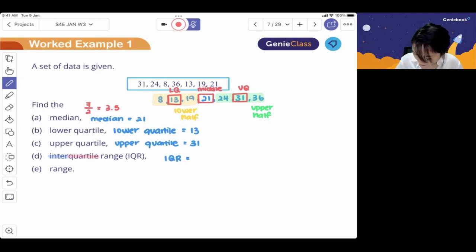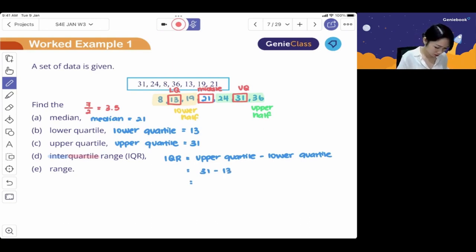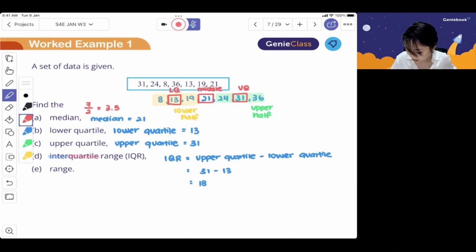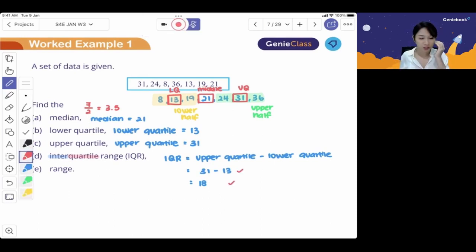We take our upper quartile minus our lower quartile, and that will give us 31 minus 13, which will be 18. Just in case any of you are wondering, this line is not compulsory, but you do have to show the workings from here and here. So you can just put interquartile IQR equals 31 minus 13 and then your answer.